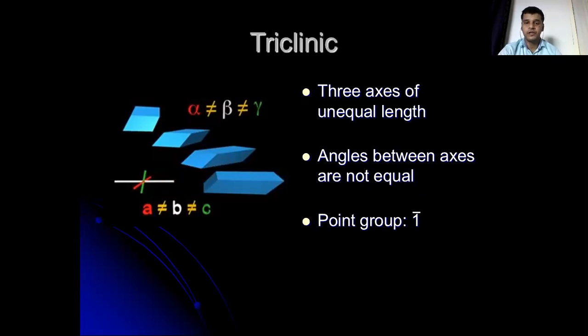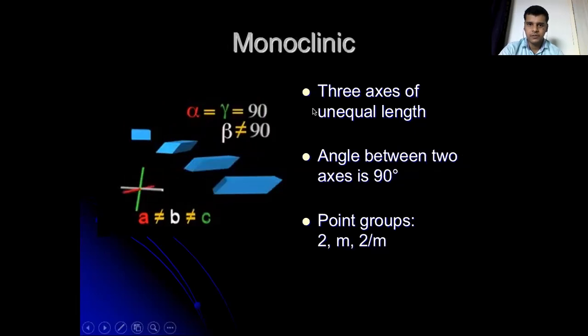Then if we go for monoclinic, there alpha equal to gamma equal to 90 degrees, beta is not equal to 90 degrees, then a is not equal to b, b not equal to c. 3 axes of unequal length, angle between 2 axes 90 degrees, and point group is 2/m. 2/m is 2 angles are identical, that is 2/m, 2 bar m.